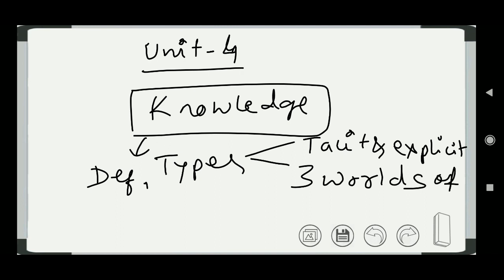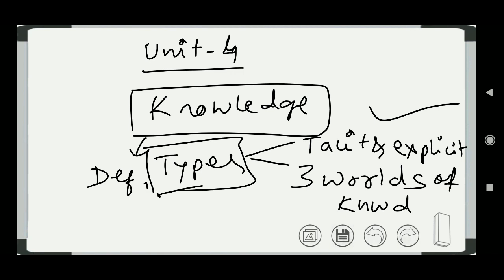They may ask direct 10 marks on the types of knowledge, or otherwise for 5 marks they will ask tacit knowledge, or the three worlds of knowledge.